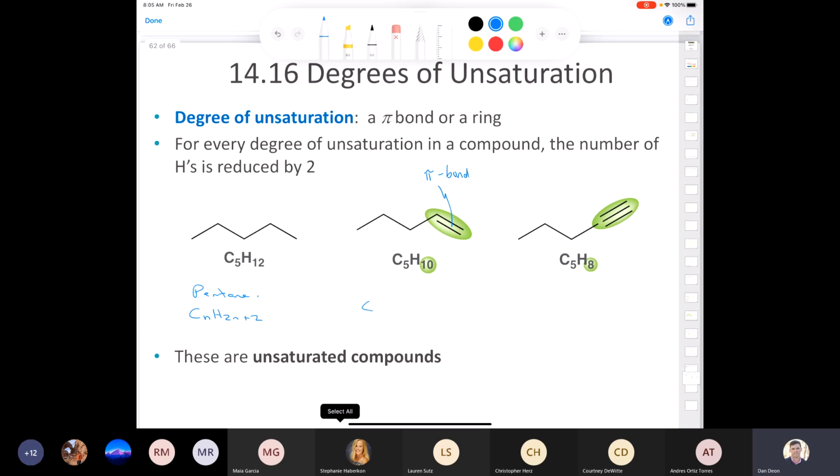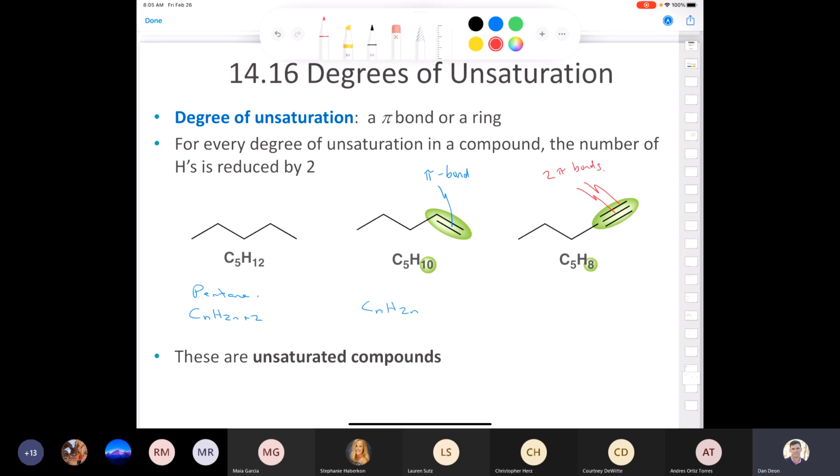Now, the generic formula would be CnH2n. All I have to do is multiply the number of carbons by 2, and that tells me the number of hydrogens in my alkene. Now, what if I had an alkyne? How many pi bonds are in an alkyne? Well, the answer is there's 1, 2, 2 pi bonds in an alkyne.